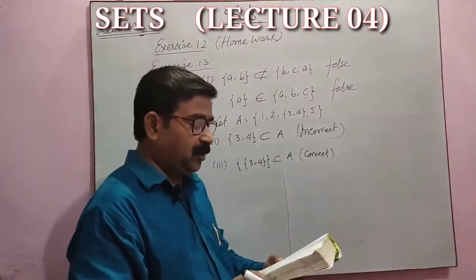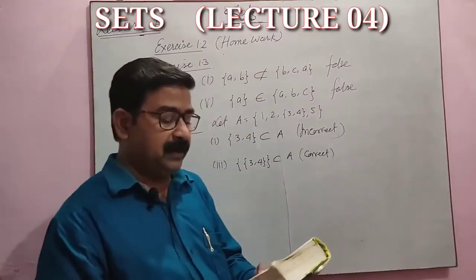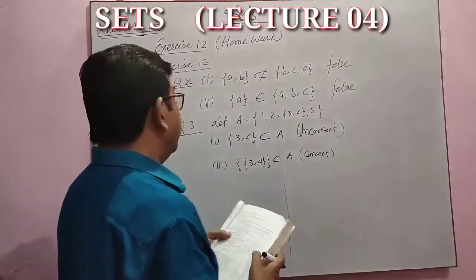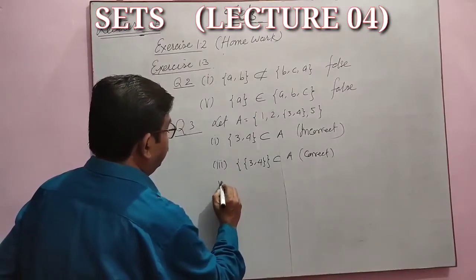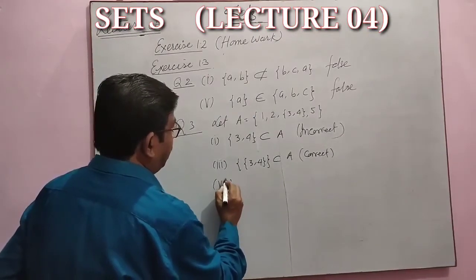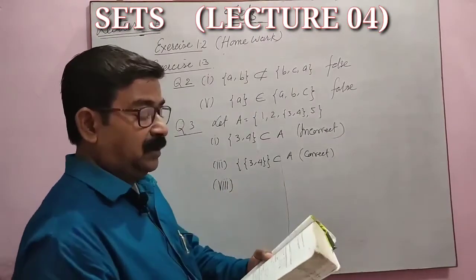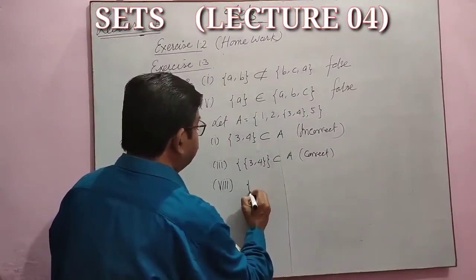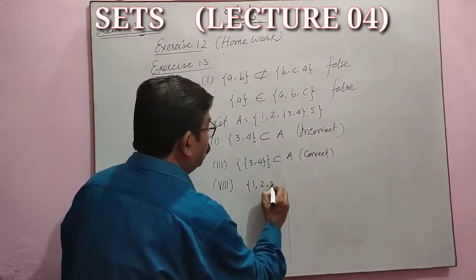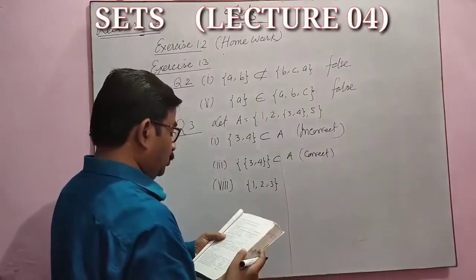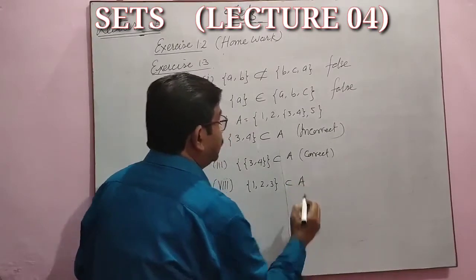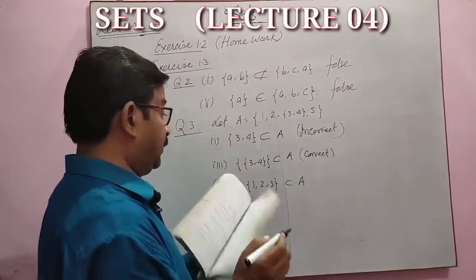So in this way you have to check all the parts. Let me tell you one thing, the eighth part. See, other parts are simple. Where there is confusion, I am telling that portion. Here it is written {1, 2, 3} is a subset of A. Just check it.